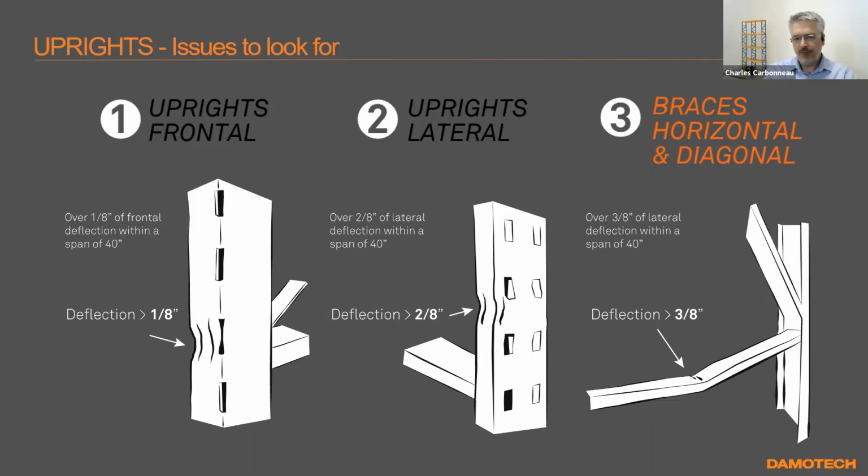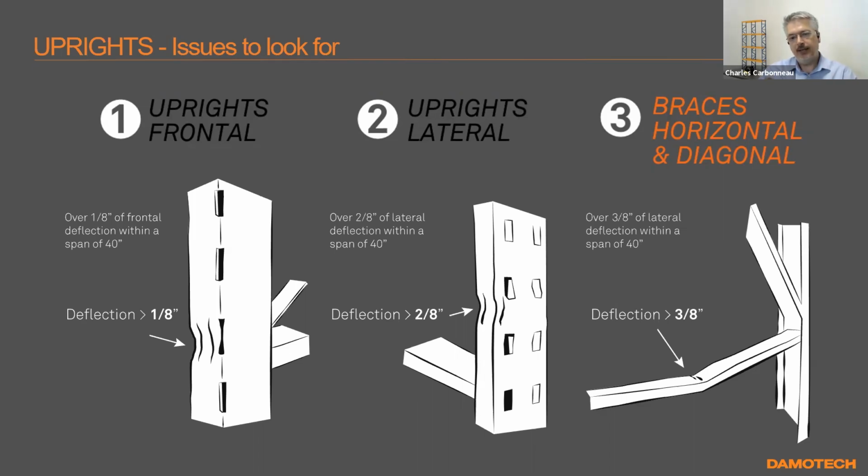If you're above that value, you're entering a gray zone where I know it is impacting the load capacity. If you are double that value on a frontal impact, you've got to replace it or repair it. So a 1/4 inch of frontal impact, that's your limit. If it's at that or above, replace it, repair immediately.